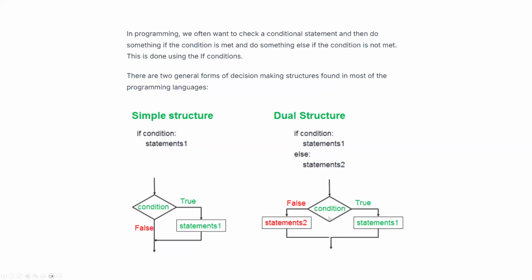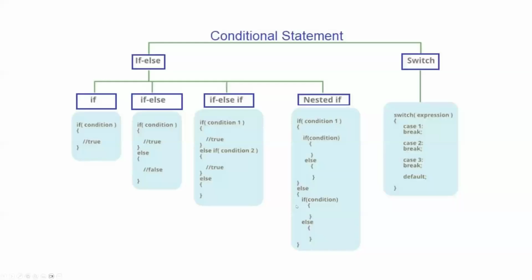We write this condition again inside this diamond shape, and we have two ways. The first one is true, and in this true option we run statement 1. The second option is the else statement, the default case. So statement 2 will be run according to this false answer. So the general logic is this.